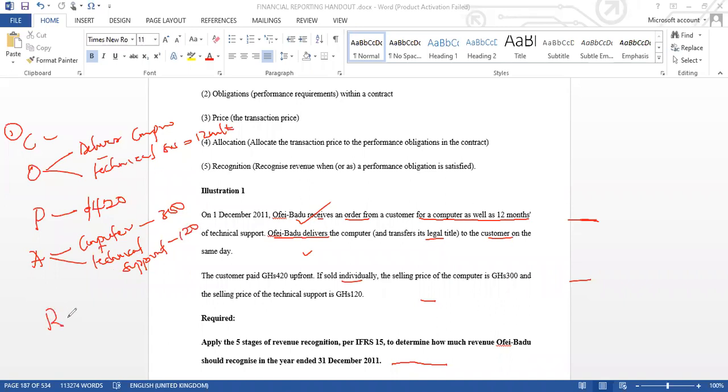Okay, so how much should we be recognizing? R is for recognition. So that is divided by 12 months. 120 divided by 12 months gives us 10. Okay. Is that all?